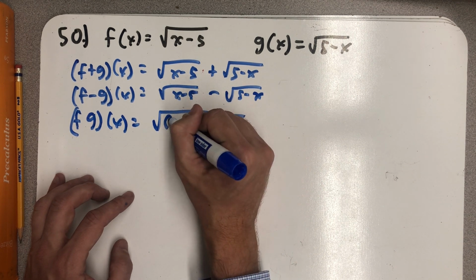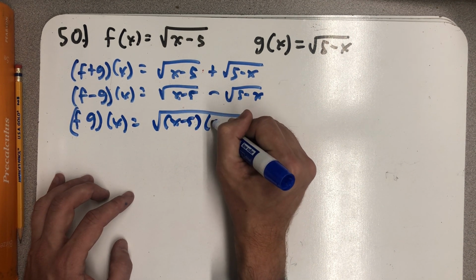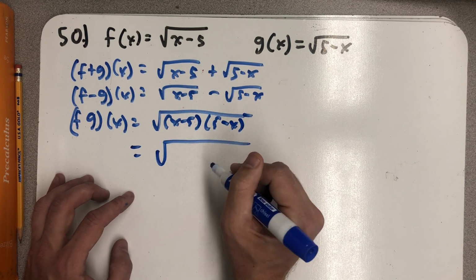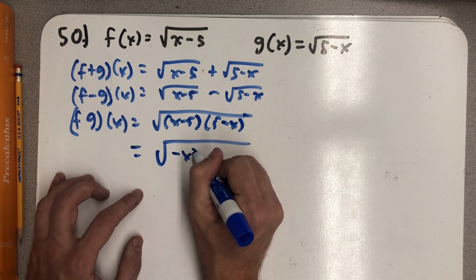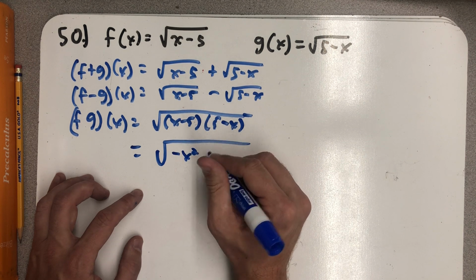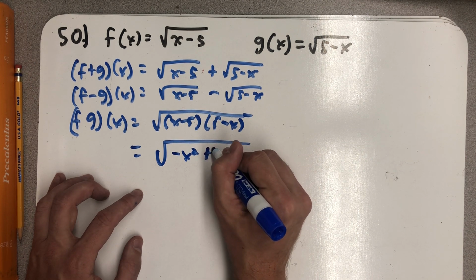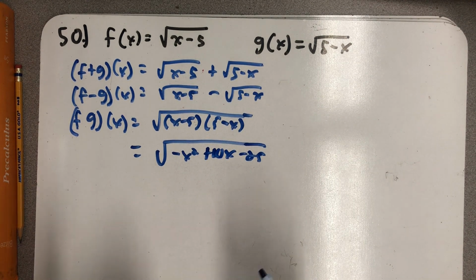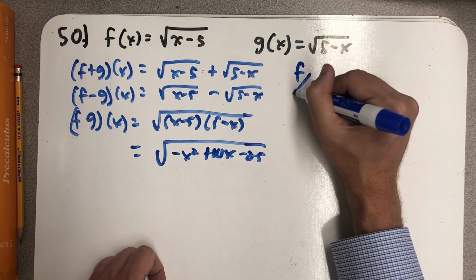And that's where I could actually write things under the same radical. I could simplify that. End up with a minus x squared plus 10x minus 25. And then finally, I could do a little division.